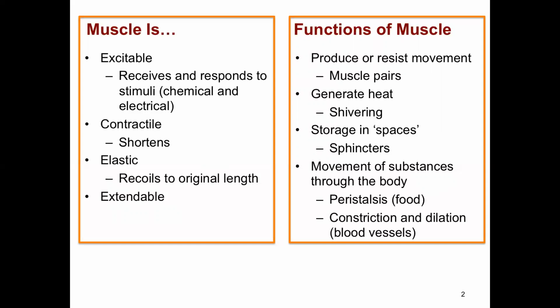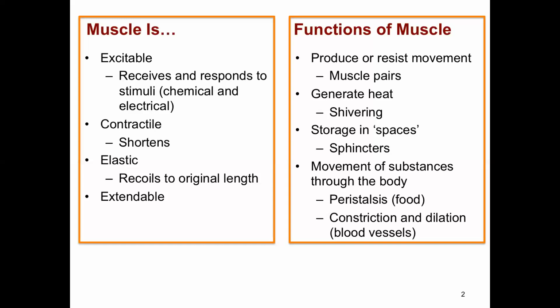So the functions of muscle, right? Produce or resist movement, and I'll go over the muscle pairs again, and generate heat through shivering. Storage, that's going to become really important when we do the gastrointestinal tract, where we have sphincters, which are smooth muscle. I know in this chapter we're really concentrating on skeletal muscle, but sphincters will help store or withhold things, and we'll come across those in many other places.